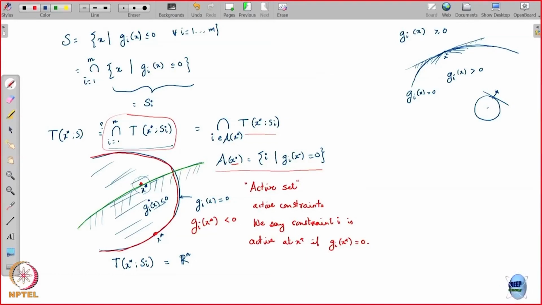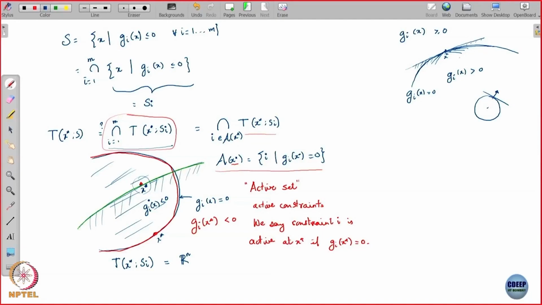The space whose normal is this particular gradient would be my tangent. So, let us see if we follow through on this. How would you capture this particular space? It would be the space that is perpendicular to the gradient at this point.